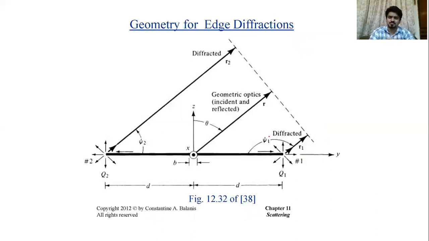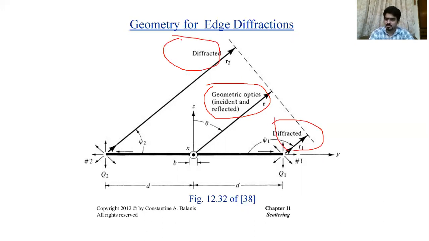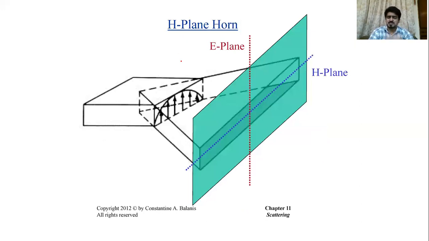Again, as I mentioned, using geometrical optics, you will have incident and reflected fields, and from the edges you will have diffracted fields. Again, for the H plane horn, as the E field is parallel to these vertical edges, in that H plane you will not have very strong diffracted fields.